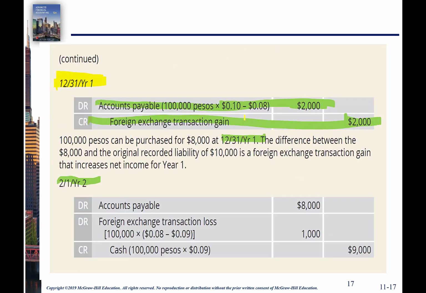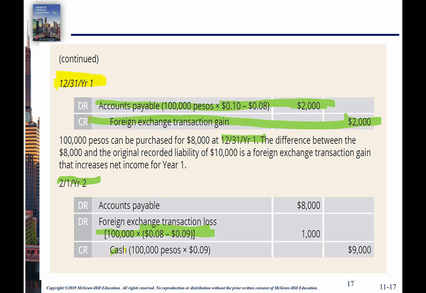So they've moved 1 cent against us. They went from 8 cents to now we have to give up 9 cents. And so we take that fluctuation, multiply that by the number of foreign currency units, in this case 100,000 pesos. That's going to be a 1-cent fluctuation to our detriment. So that results in a foreign currency transaction loss.